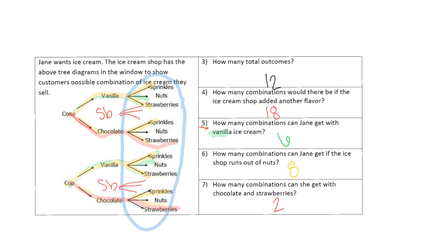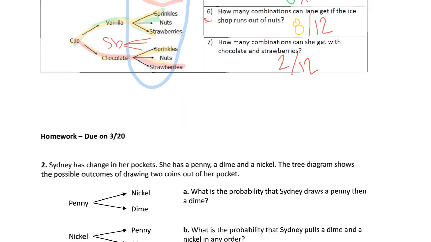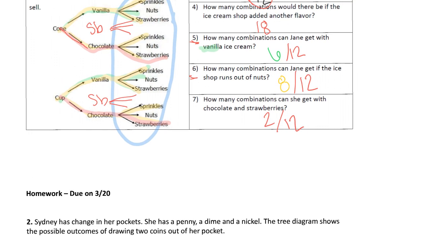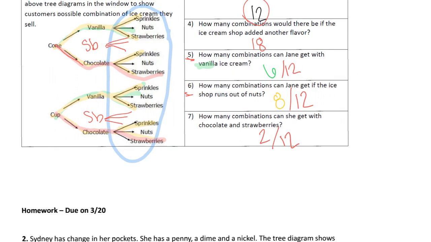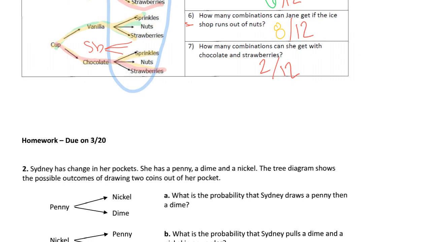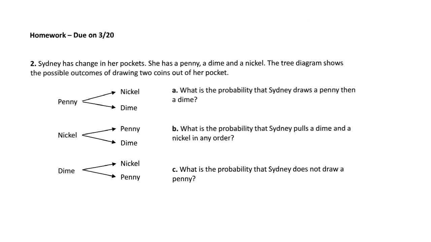This would simply be a 6 out of 12, since there's 12 options. Or this one would be 8 out of 12, because again, there's 12 total. Or 2 out of 12. So that's all you have to do for down here is figure out the probability, aka how many combinations there are, and put that out of the total number of outcomes.